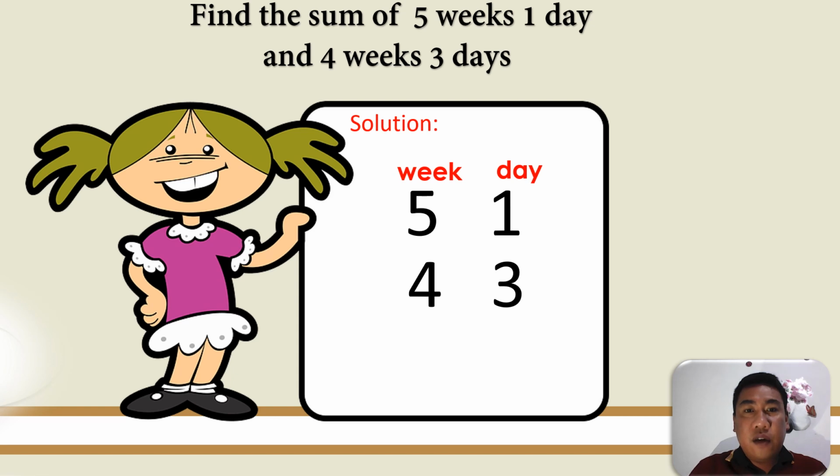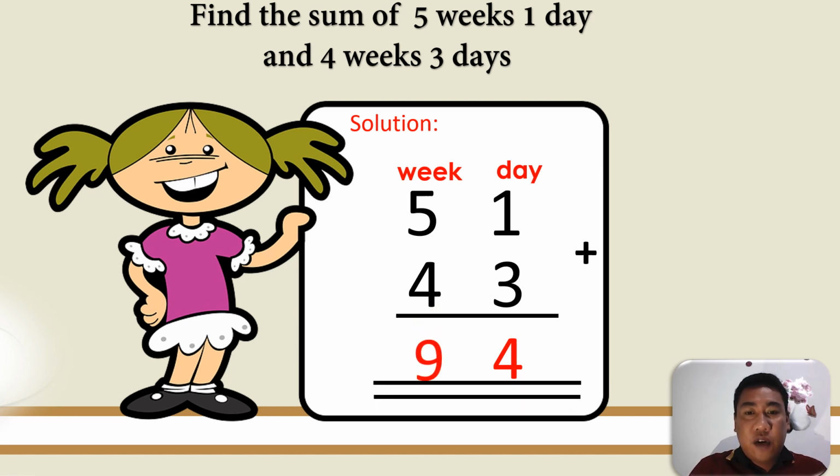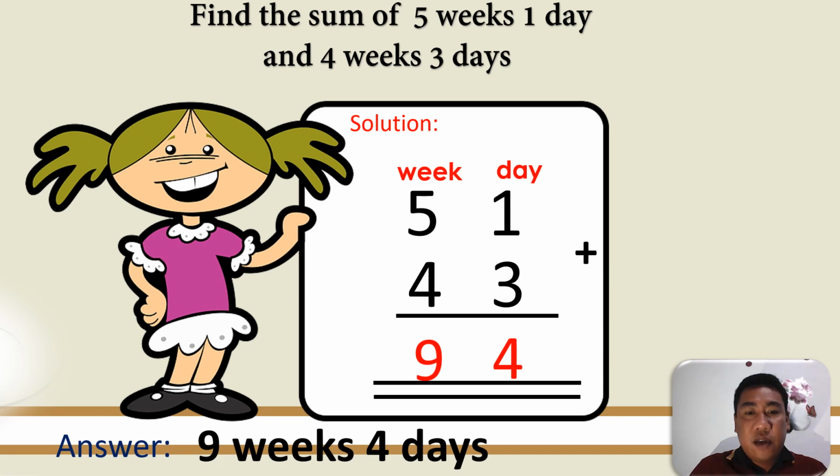Next we have 4 weeks, 3 days, and the plus sign. First, let's add the day. 1 plus 3 equals 4. Next, let's add the week. 5 plus 4 equals 9. For our final answer, we have 9 weeks, 4 days.